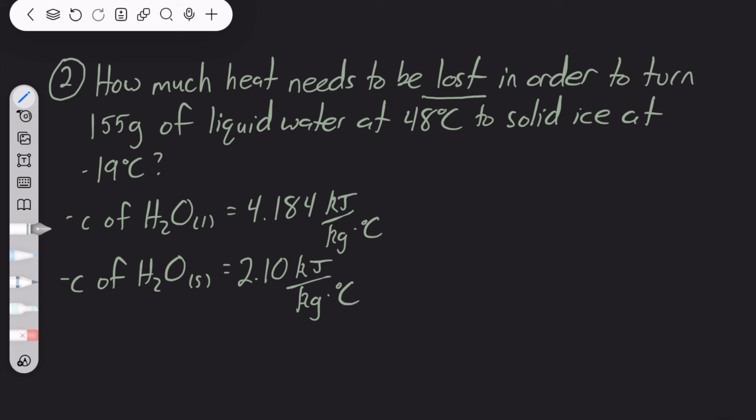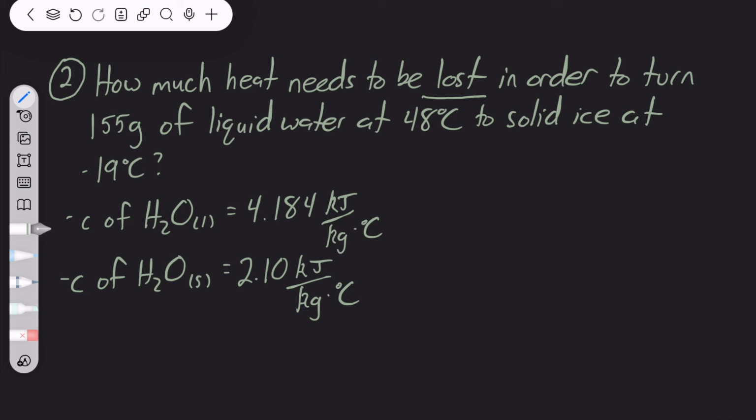So all that means is that it takes 4.184 kilojoules of heat to heat 1 kilogram of liquid water by 1 degree Celsius. And we also have the specific heat capacity of water as a solid, and it's going to be 2.10 kilojoules per kilogram degrees Celsius.